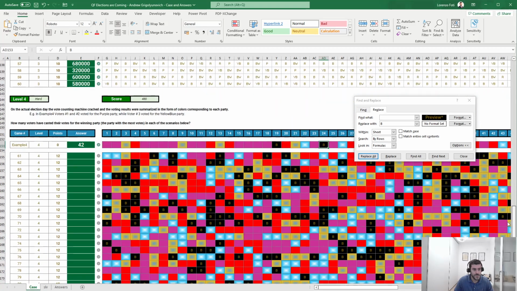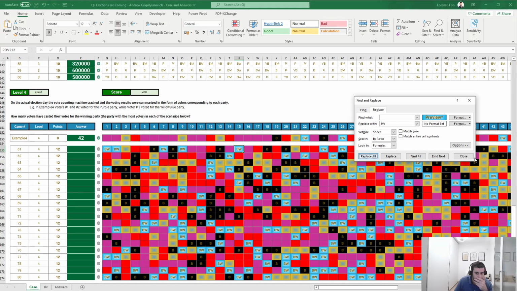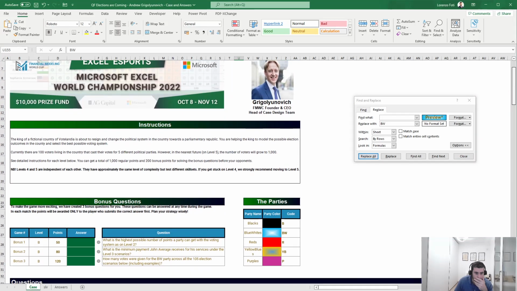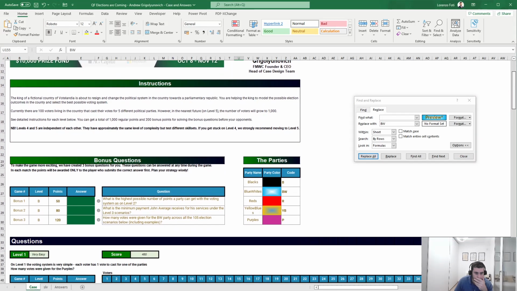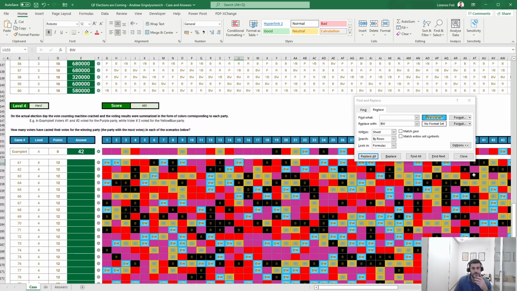Then we have BW, which is B white. So this is BW. Replace all. Apologies for the Excel sound. So reds is R. So this will be R. Replace all.